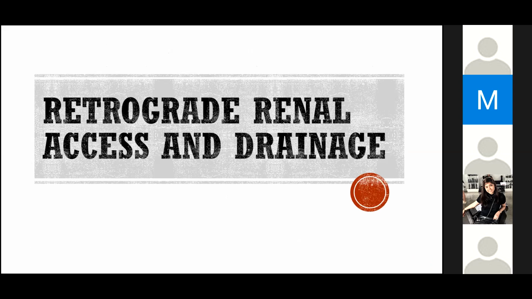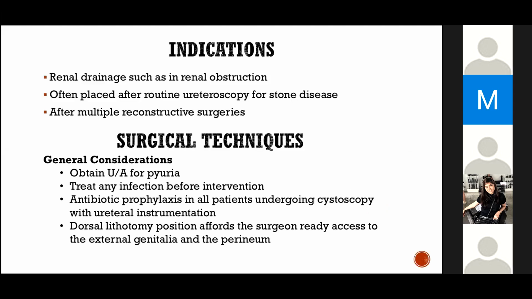So another access is the retrograde renal access and drainage. It is from below to up, so either from the urethra, bladder, or ureter. Indications are just the same as percutaneous: renal drainage such as in renal obstruction, often placed after routine ureteroscopy for stone disease, after multiple reconstructive surgeries.